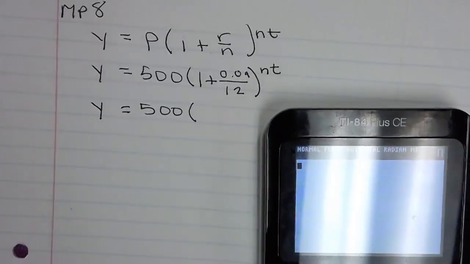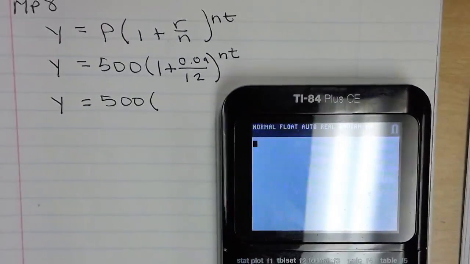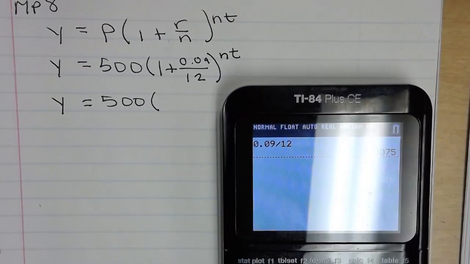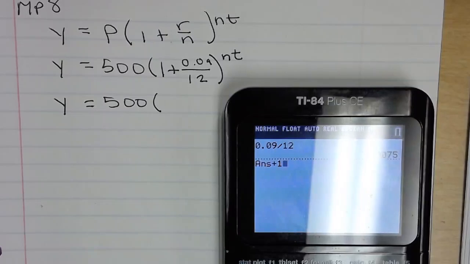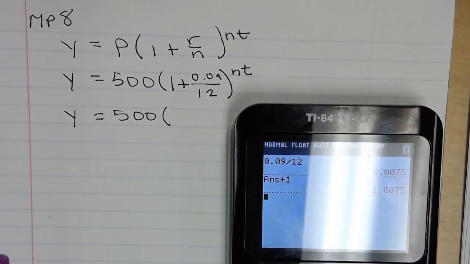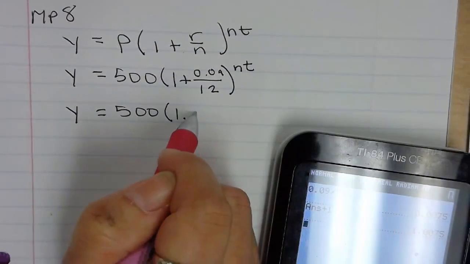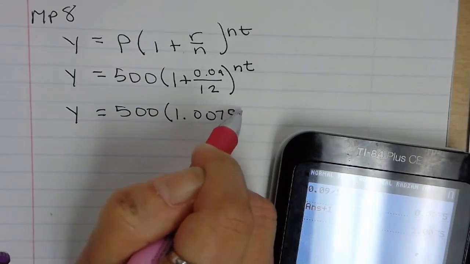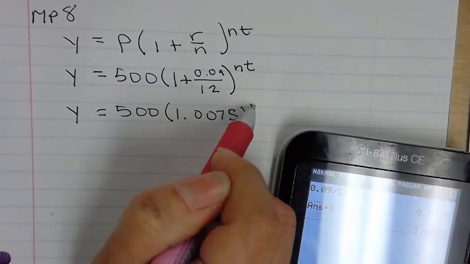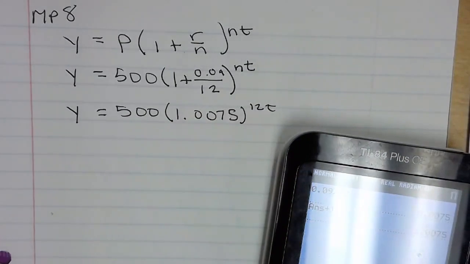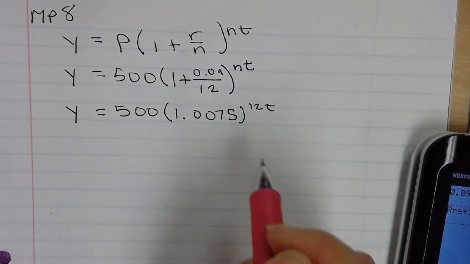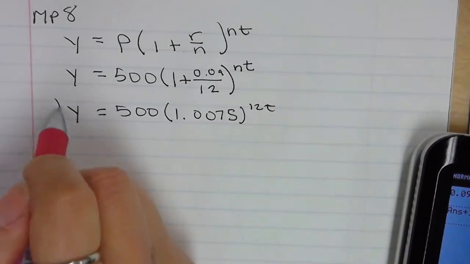So 0.09 divided by 12, and then adding 1 to it, came out to be 1.0075 to the 12t. I forgot to put my 12 up there. That's my new function.